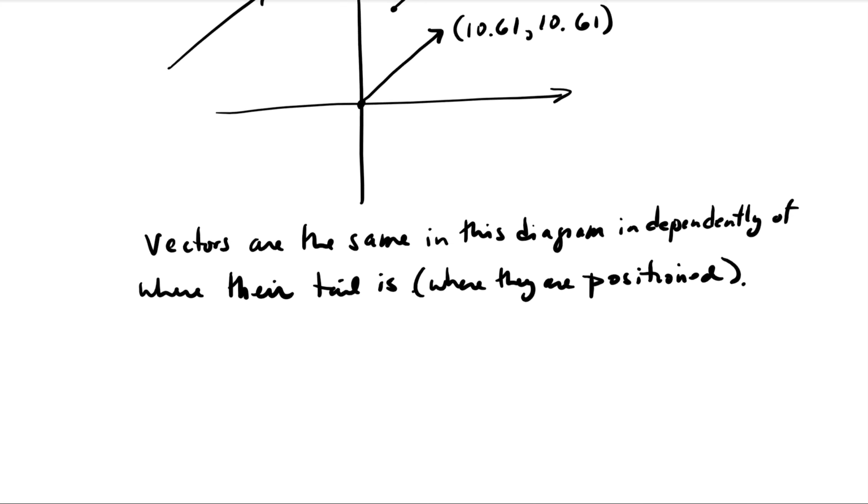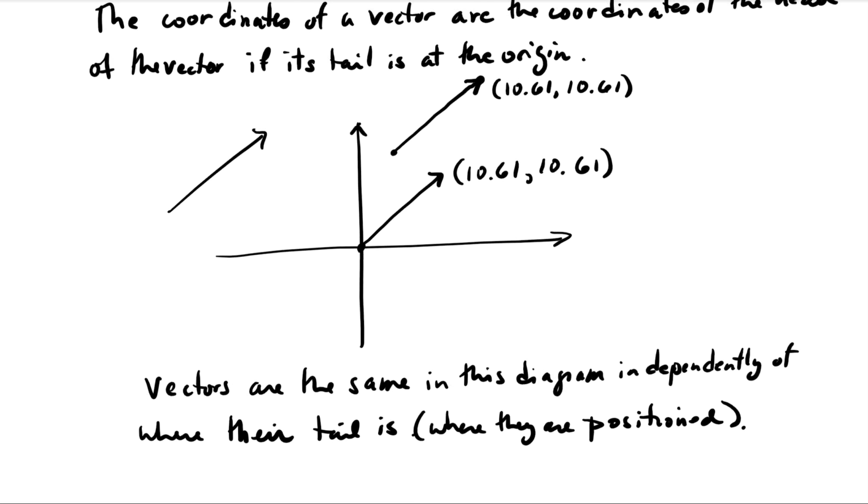So when the tail is actually at the origin, the book says it's a vector in standard position, and then its coordinates are exactly the same as the coordinates of the head of the vector. They'll also say a position vector. That's okay.